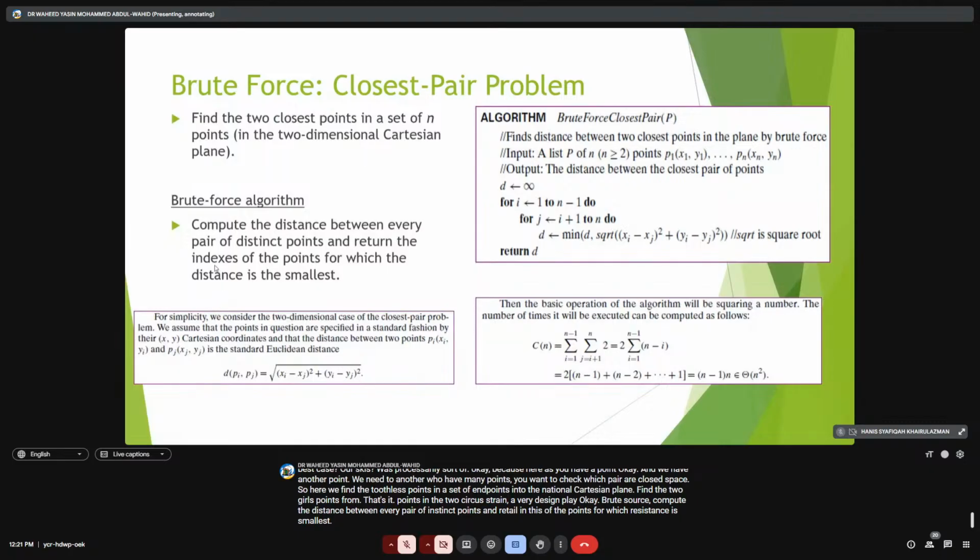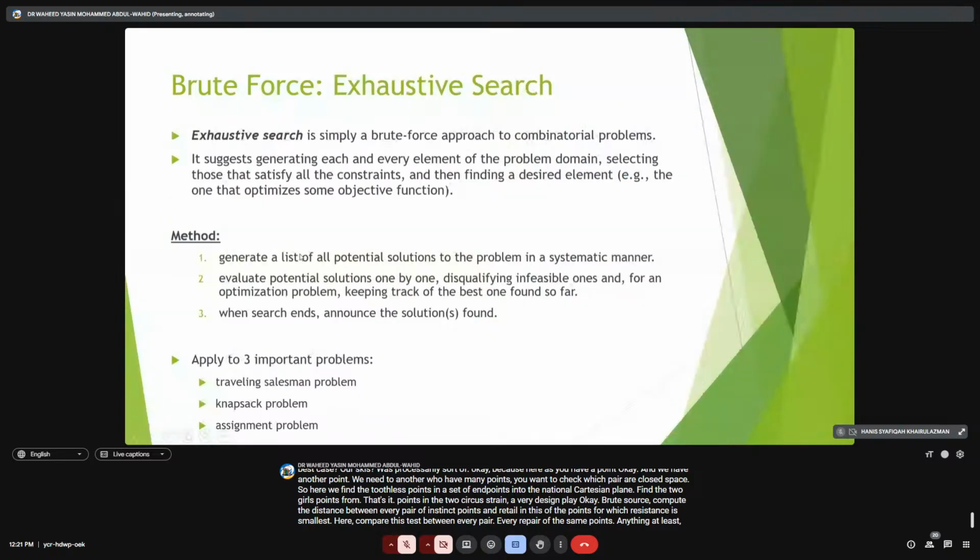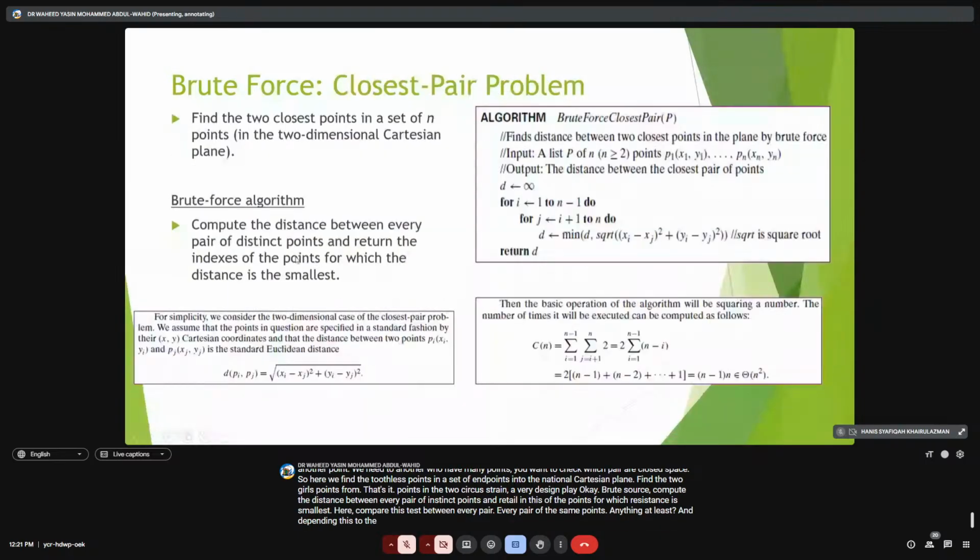So here you will compare the distance between every pair of distinct points and return the indices of the points for which the distance is smallest.